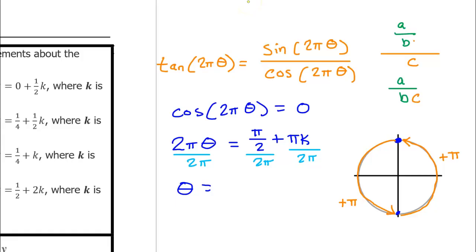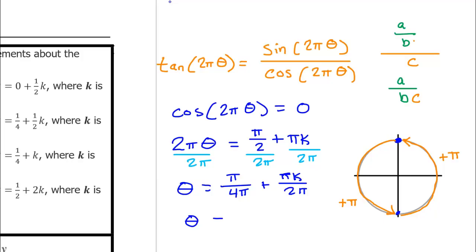So if I want to divide pi over 2 by 2 pi, I'm going to have pi over 4 pi, because this 2 pi is just going to come up and multiply the denominator. So we have pi over 4 pi plus, and I'll just recopy this for a moment, pi k over 2 pi. So these pi's will cancel each other out.